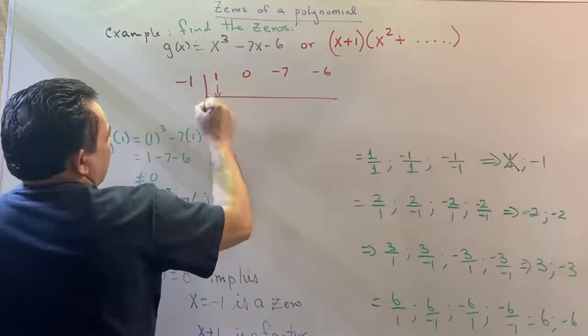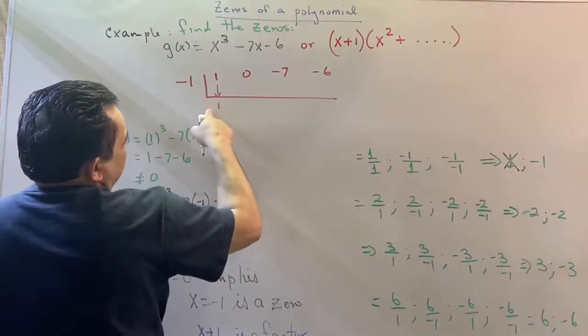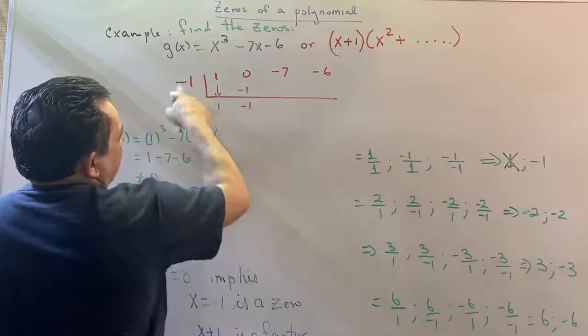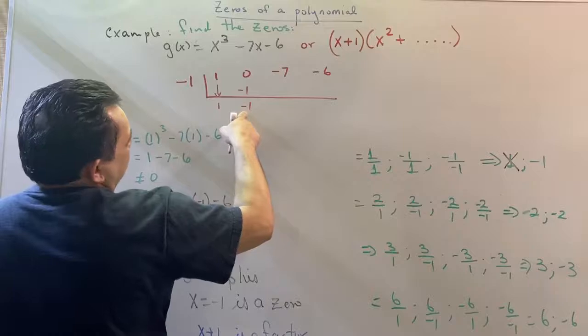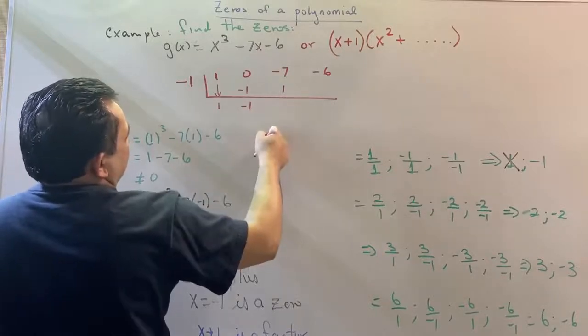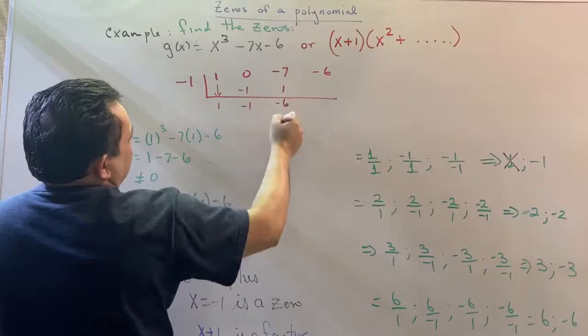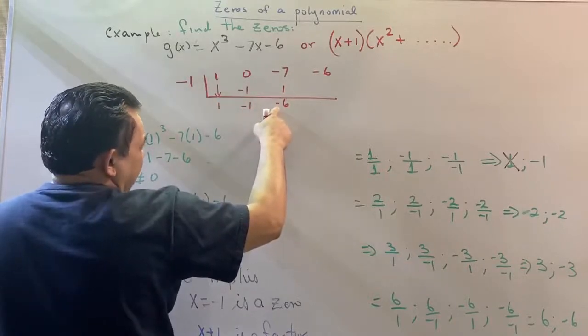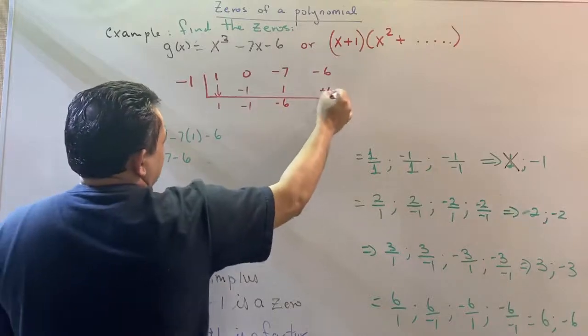So this becomes a 1. -1 times 1 is -1. If you add these two, you get -1. -1 times -1 is +1. If you add these, you get -6. -1 times -6 is +6, and it's a 0.